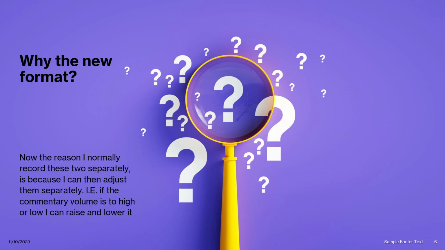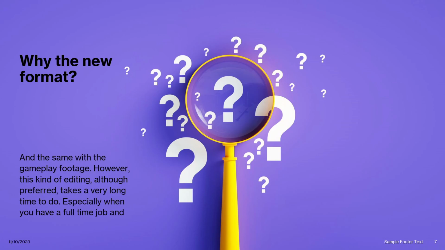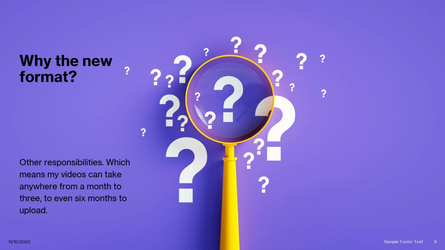Now, the reason I normally record these two separately is because I can then adjust them separately. I.e., if the commentary volume is too high or too low, I can raise and lower it accordingly. And the same with the game footage. However, this kind of editing, although preferred, takes a very long time to do, especially when you have a full-time job and other responsibilities, which means my video can take anywhere from a month to 3 to even 6 months to upload.